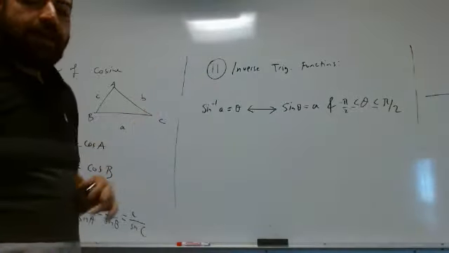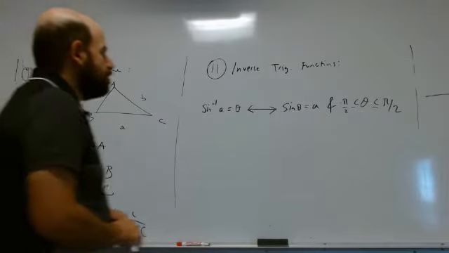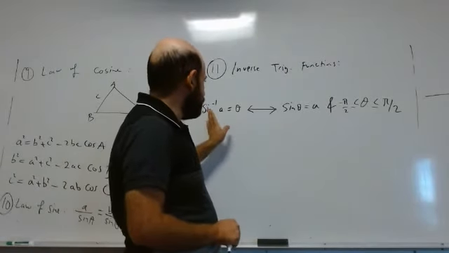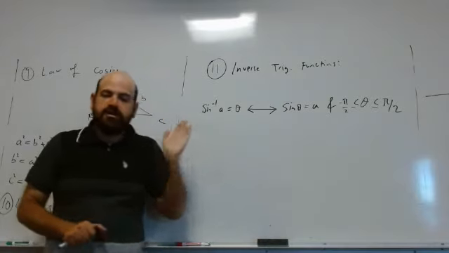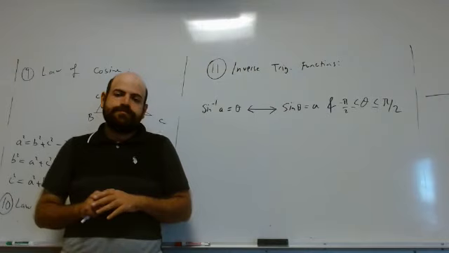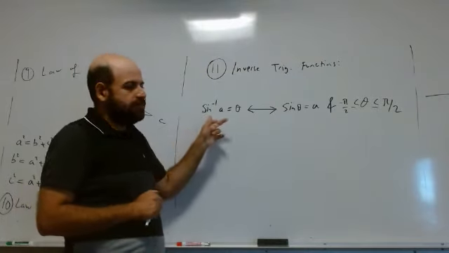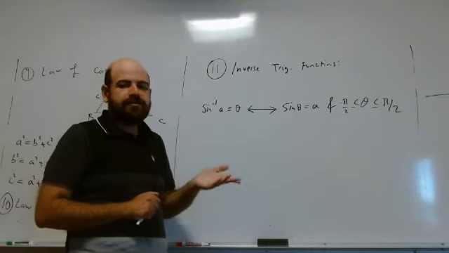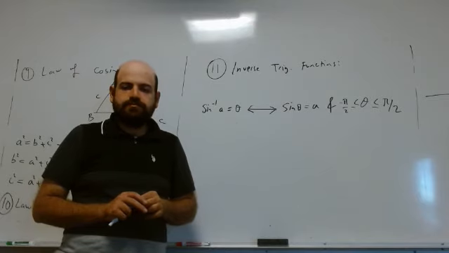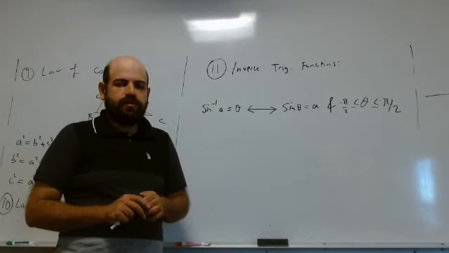That part is added in order to ensure that the function is one-to-one. Because remember, we are talking about the inverse of a function, and for an invertible function, we need the function to be one-to-one. But the function y equals sine x is not one-to-one.